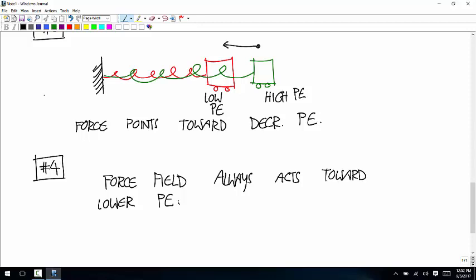And that's true in circuits, or electricity and magnetism, where you talk about electric fields, and electric fields are related to electric potential, which is related to electric potential energy. Those electric forces are always trying to push charged particles towards a lower electric potential energy. That's just a property of potential energy fields. Any questions about that?